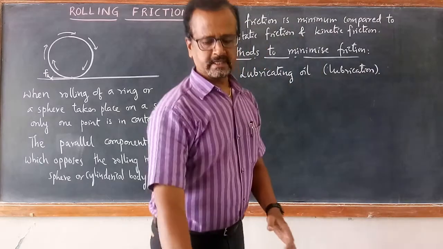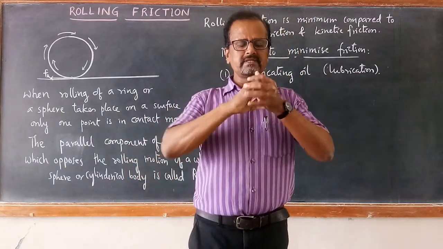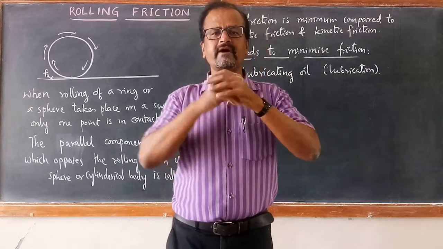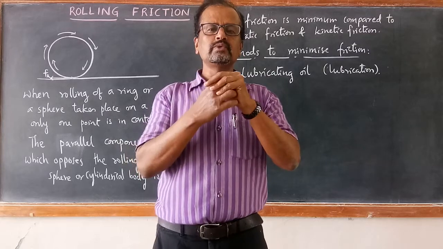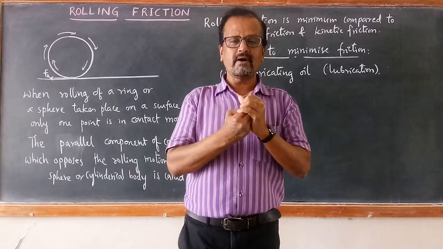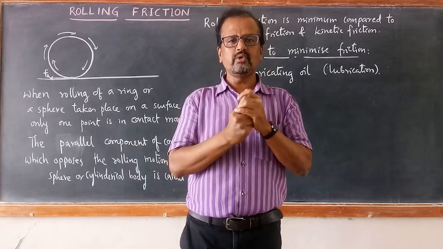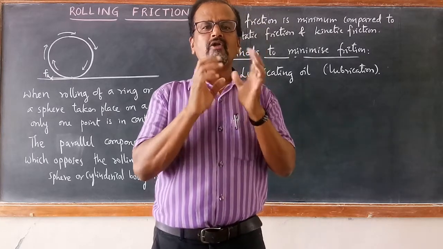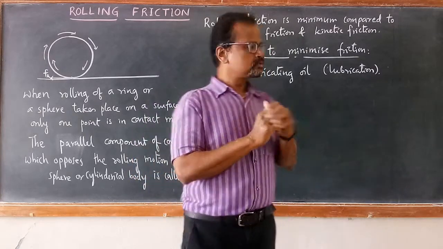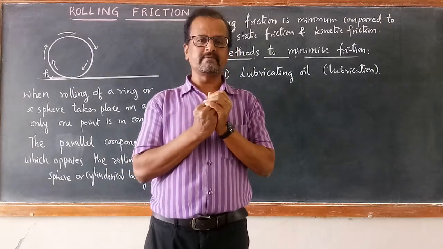Whenever you consider machinery parts which are in contact with each other, when the machinery parts are in motion, there will be a lot of kinetic friction, which leads to a lot of dissipation of power. So more power is to be utilized to overcome that friction. In such cases, lubricating oils are used to reduce that kinetic friction. So lubrication is one method to reduce the kinetic friction.